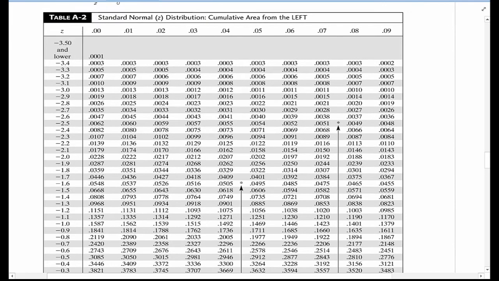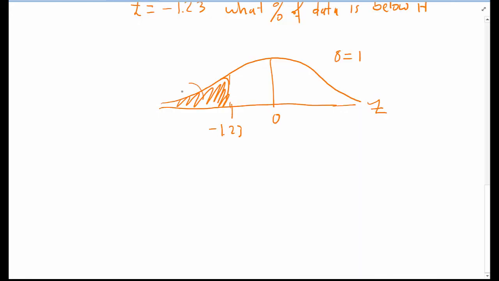If you look at this table, we're looking for negative 1.2, which is right here: negative 1.2, 0, 1, 2, and 3. So that's the value right there. That would be 1093. So that's the area we're looking for. This area right here is 0.1093. In other words, it's about 11%.